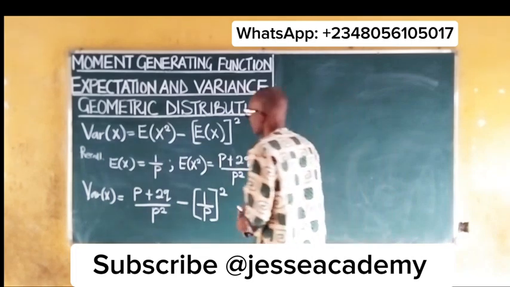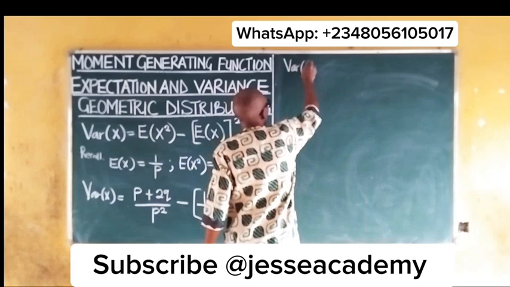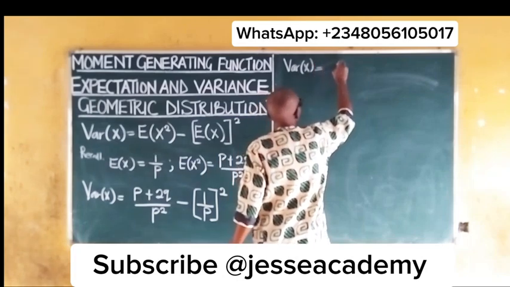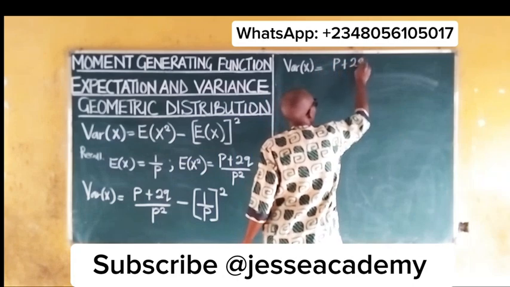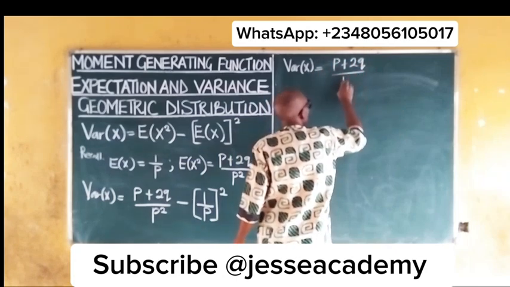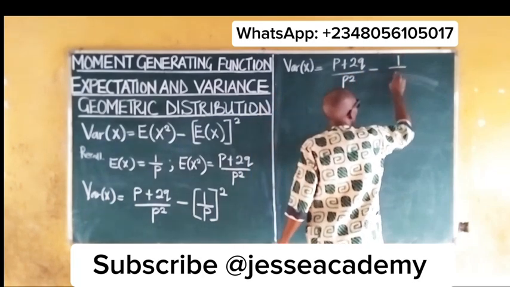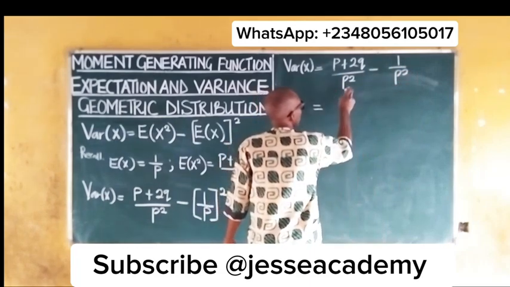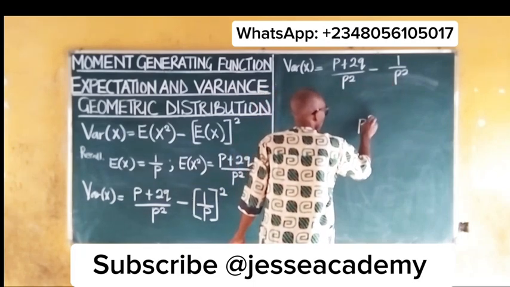Now we have our variance of x to be equal to P plus 2Q all over P squared minus 1 all over P squared, which is also equal to the LCM of P squared is P squared.